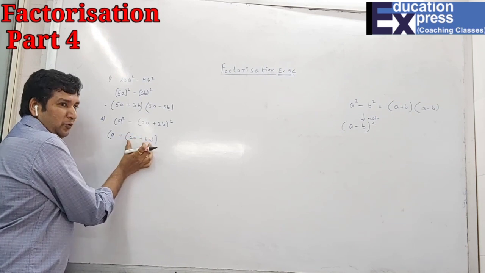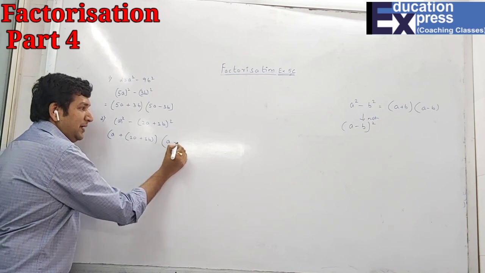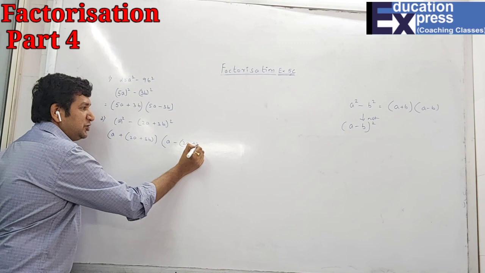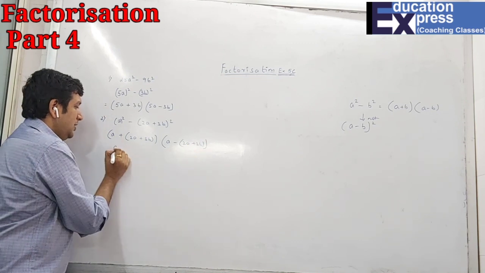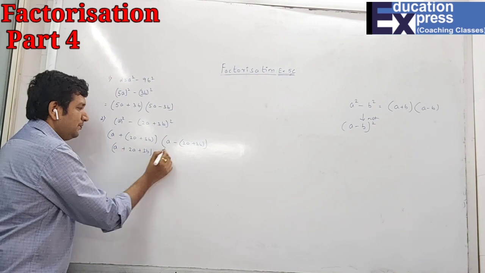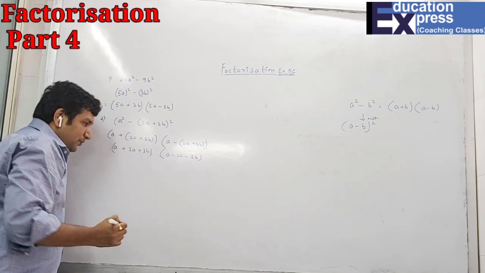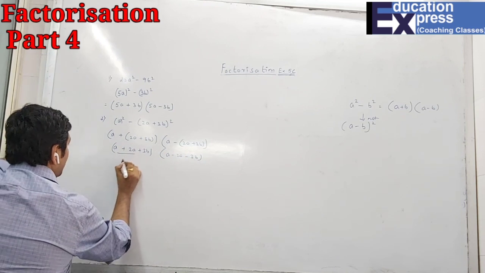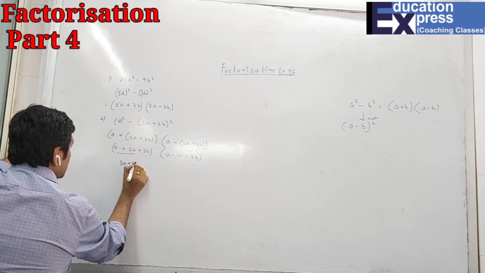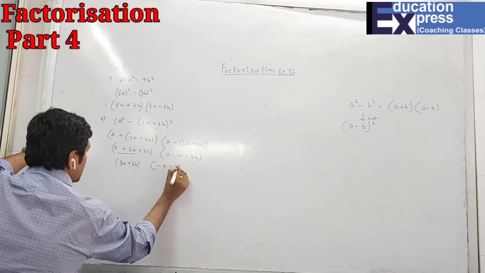The bracket I put inside is very important. Why? Because when you put minus, signs will change. So a plus 2a plus 3b, a minus 2a minus 3b. So a plus 2a is 3a plus 3b, and a minus 2a is minus a minus 3b.